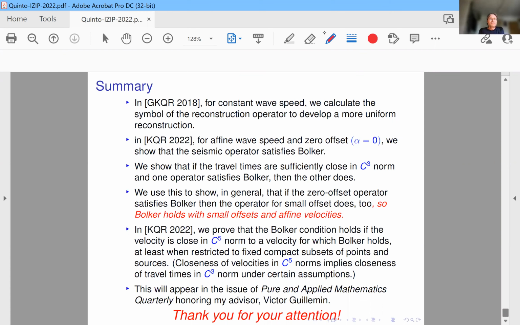I was wondering, is it somehow possible to say something about the resolution you can achieve in the reconstruction? Say the psi, for instance, the cutoff, will it affect the resolution in some sense? Good question. Yeah, you can. By resolution, there are two ways of interpreting.